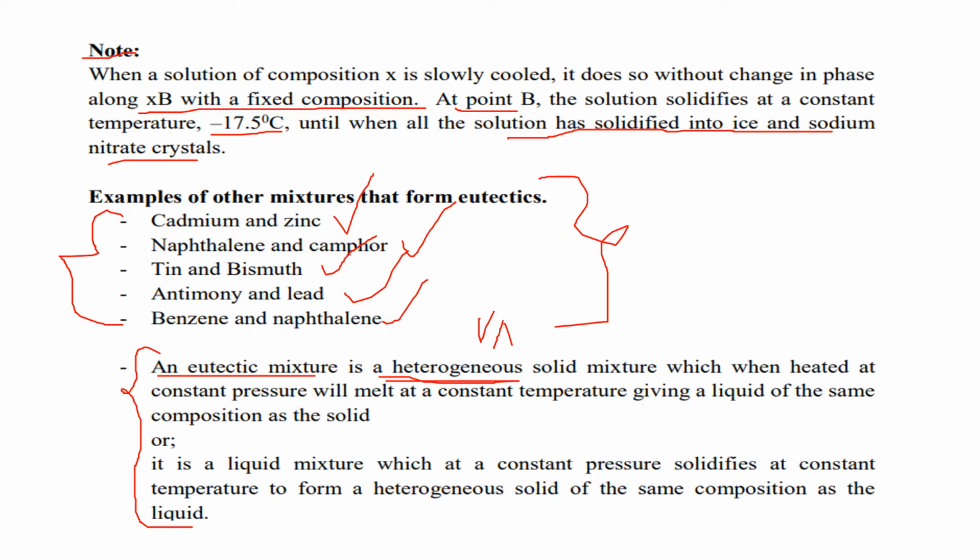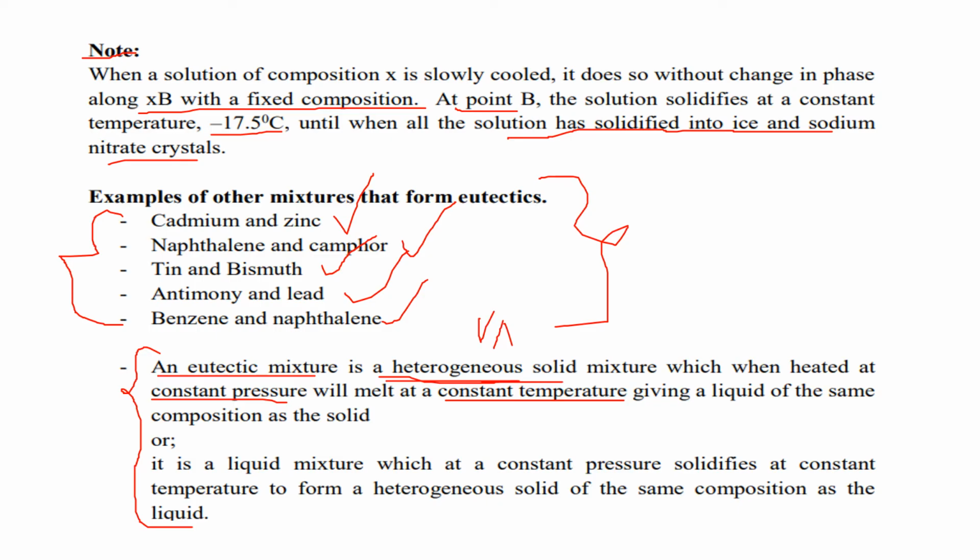And we are saying that a eutectic mixture refers to the heterogeneous solid mixture which, when heated at a constant pressure, will melt at a constant temperature. What we want in this definition is to say constant pressure and constant temperature, so when you're taking your notes, make sure that you underline them so that you don't forget them.